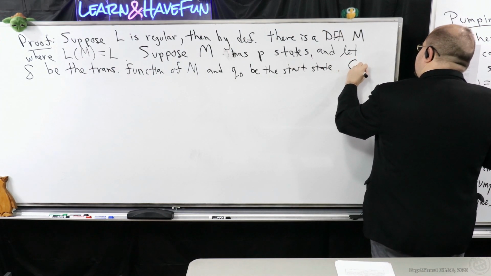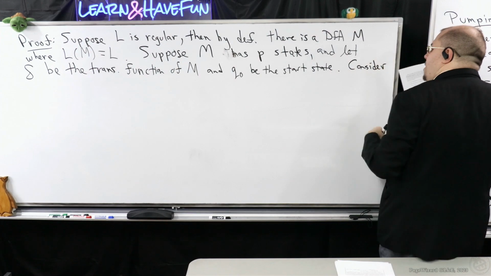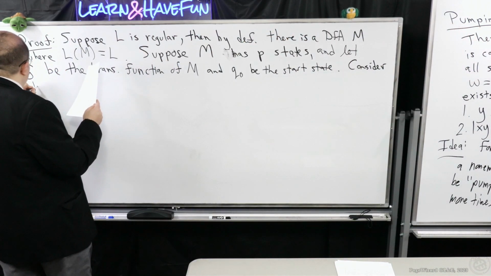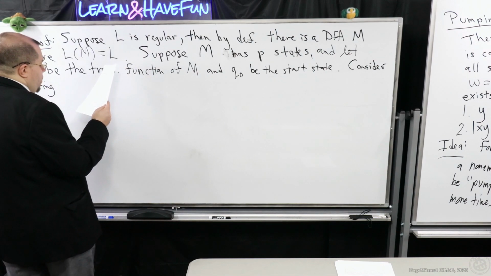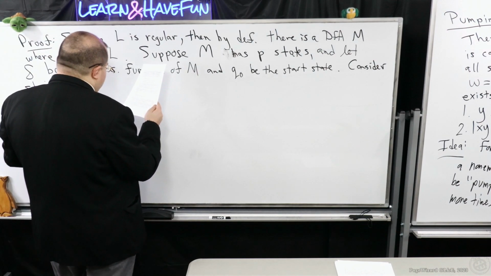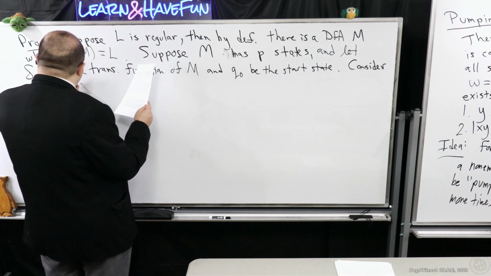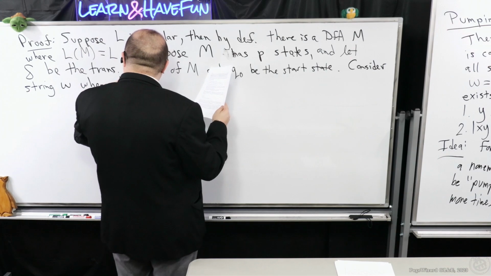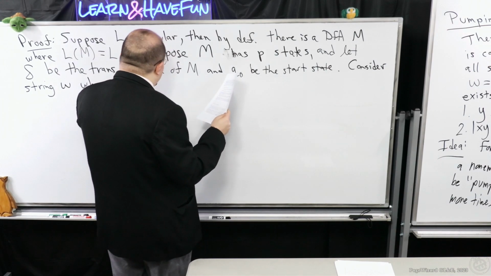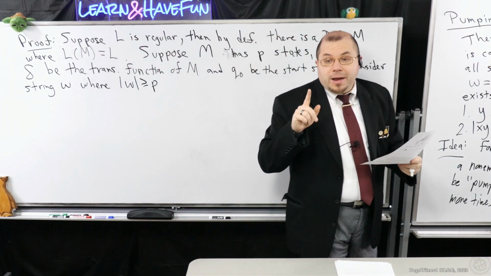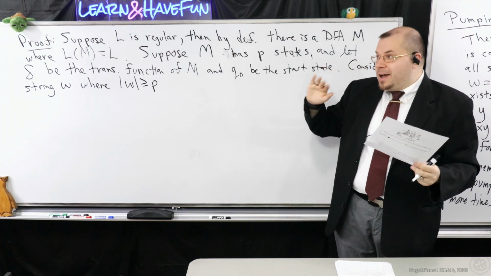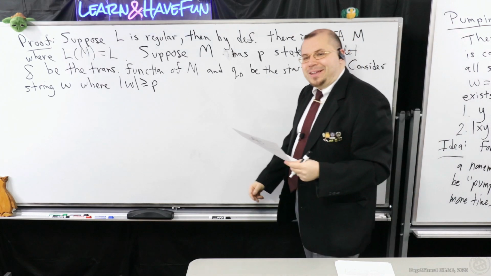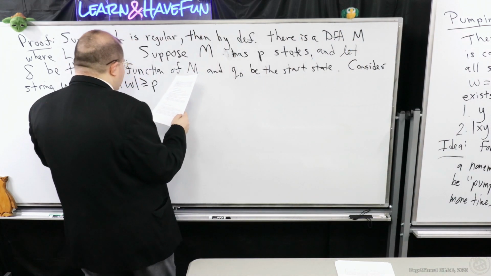So now we're going to consider an arbitrary string. I was about to say y, I meant w, which meets the conditions of this theorem, where the length of w is at least the pumping length. Which, remember now, the pumping length is the number of states of this DFA, akin to our example we had seen.